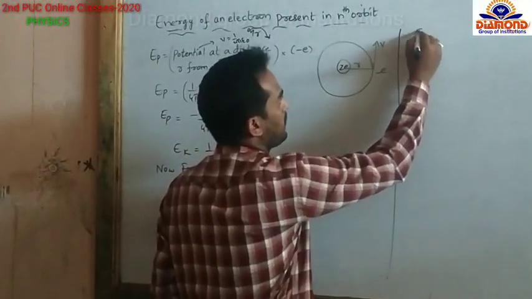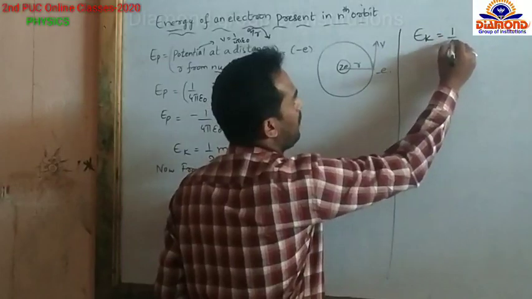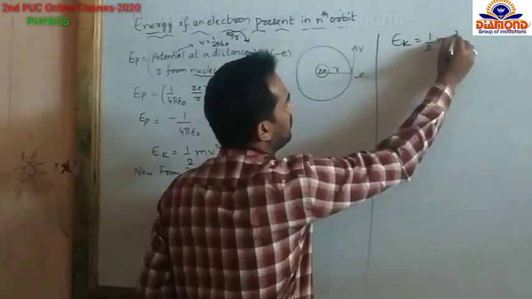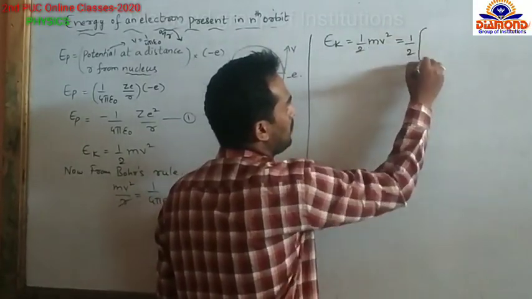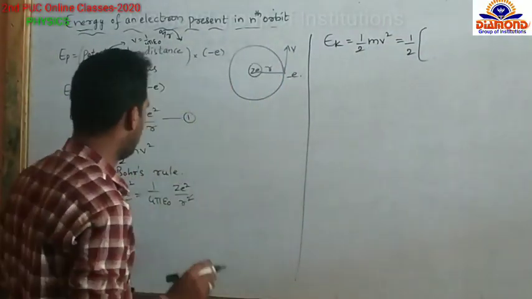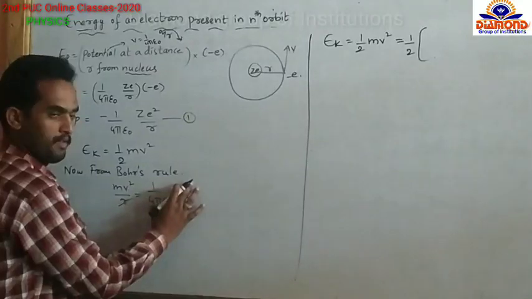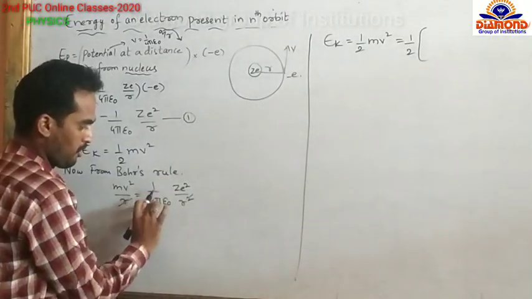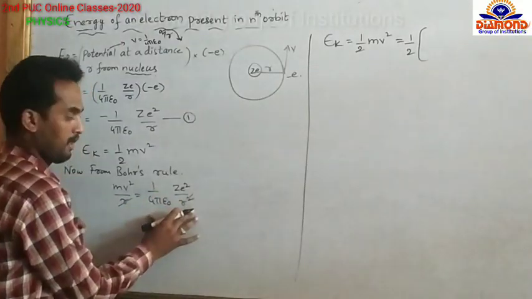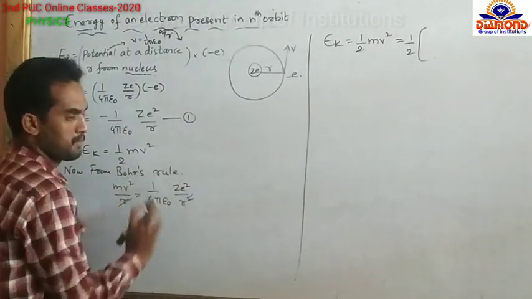Now you see here, Ek equal to half mv square. That means keeping half as it is, and writing this value, because mv square equal to 1 by 4 pi epsilon naught Ze square by r. We got this from Bohr's rule.